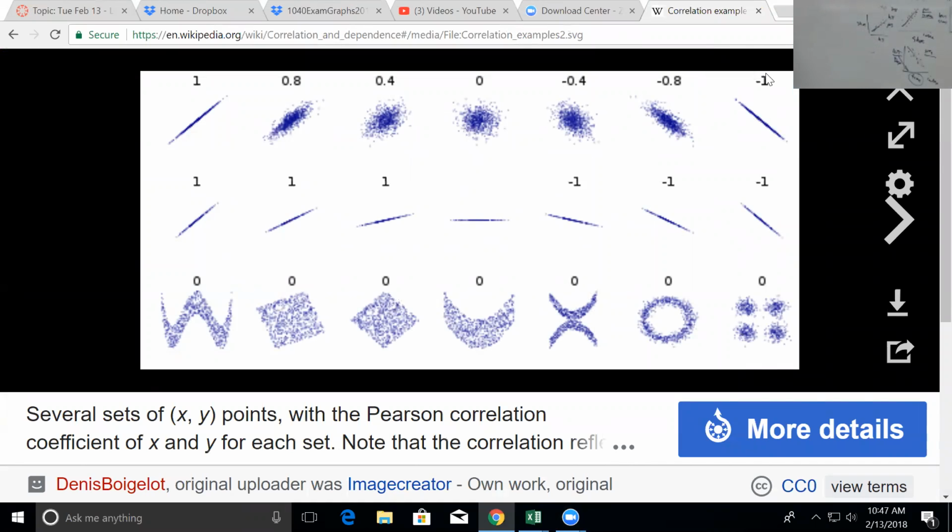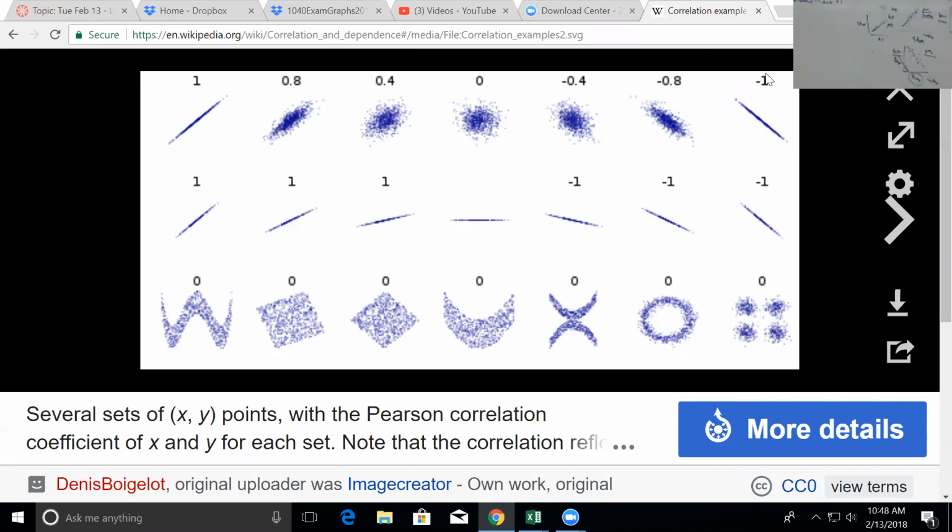The correlation coefficient is represented by the letter R. I don't really know why. And it's always between -1 and +1. Okay?